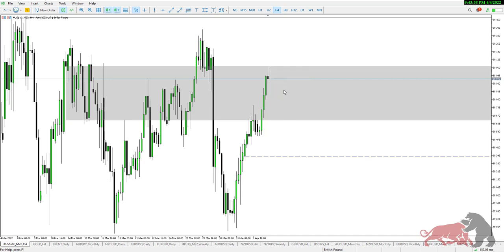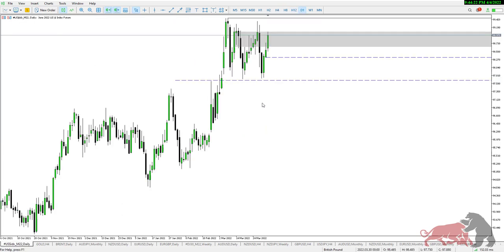So expect probably a drop to the downside to fill up these imbalances here on H4, or trade back to this intermediate short-term higher low, this level here, before we see a further push all the way to 99.46. So what I've done is outline the dollar index market structure, as in where we should be looking for price to trade to.